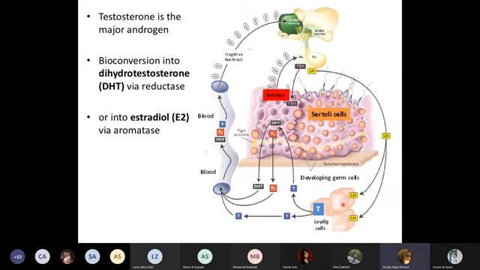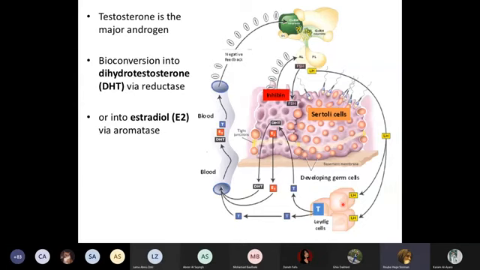Their cytoplasm is rich in smooth endoplasmic reticulum, mitochondria, and liposomes. Of course, because they are the site of synthesis of the steroids, and the principal role of these cells is the synthesis of testosterone. 95% of the plasma testosterone is secreted by the Leydig cells.